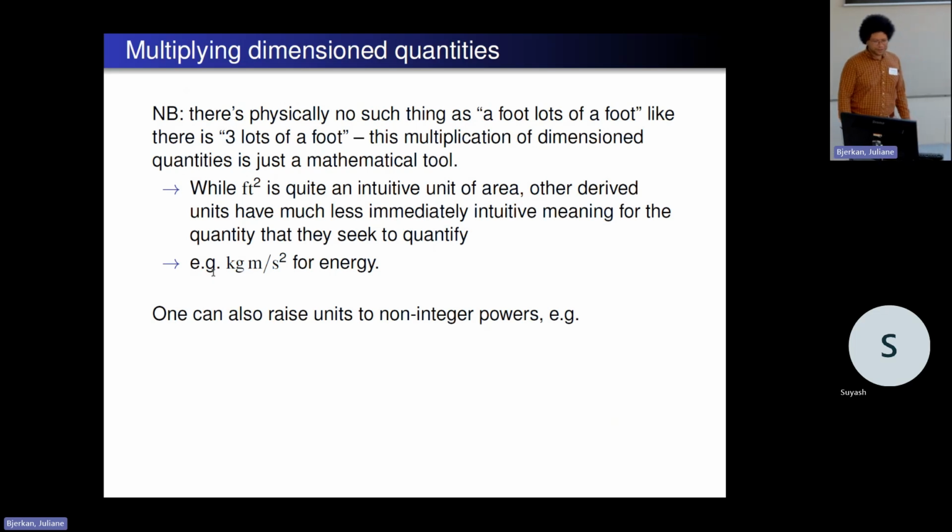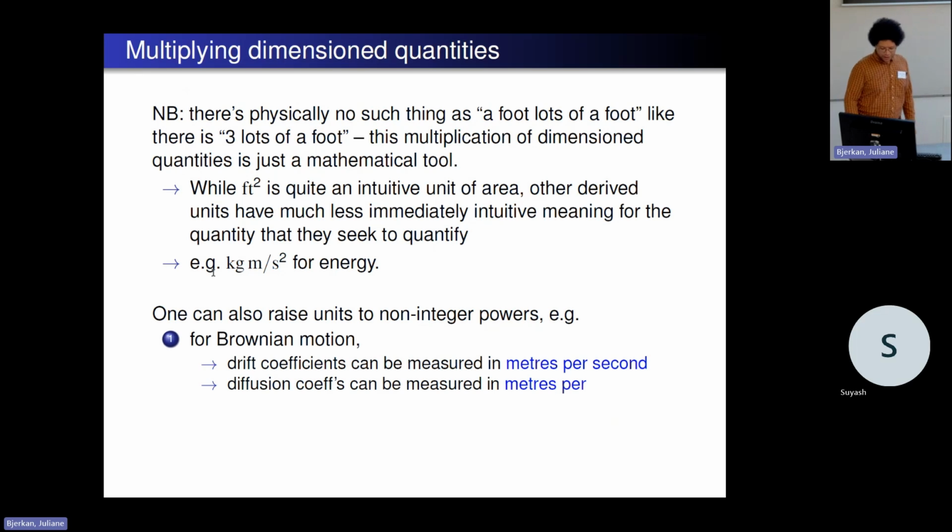So I've talked about multiplying dimensioned quantities together. We can also raise dimensioned quantities to non-integer powers. So for example, for Brownian motion, the drift coefficient, that's kind of the speed at which the Brownian motion tends to go in some direction, is measured in meters per second, what you usually expect for speed.